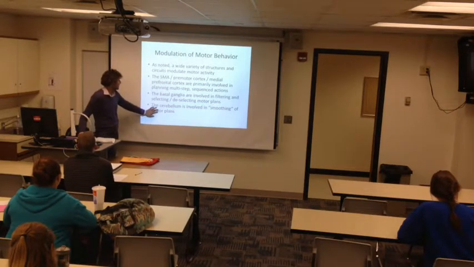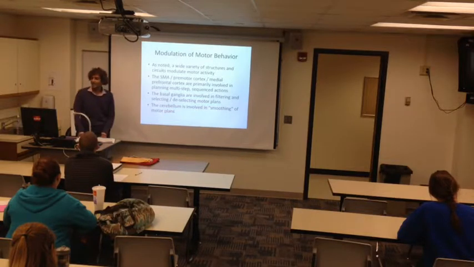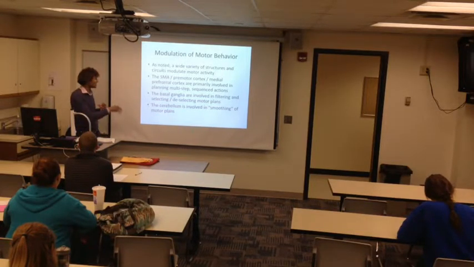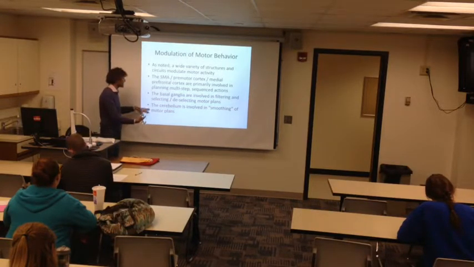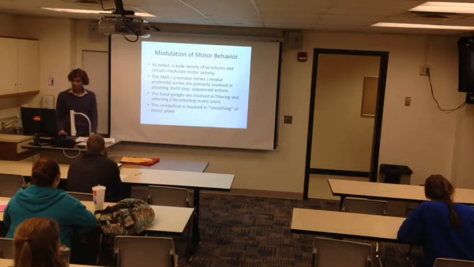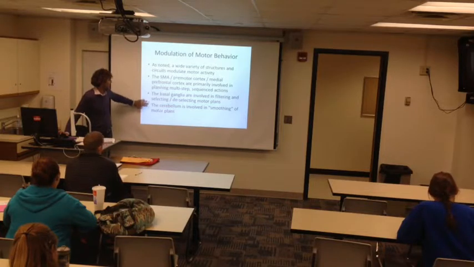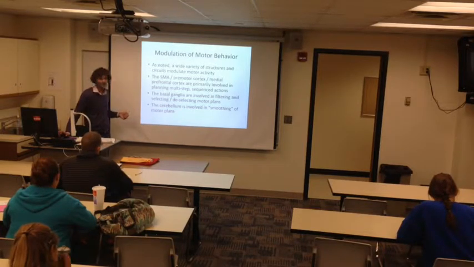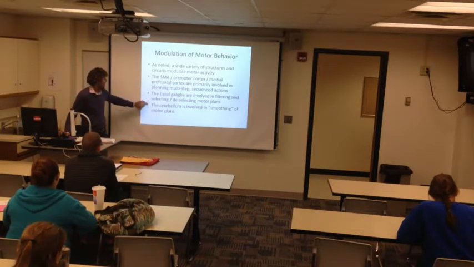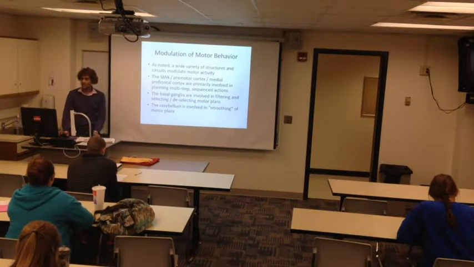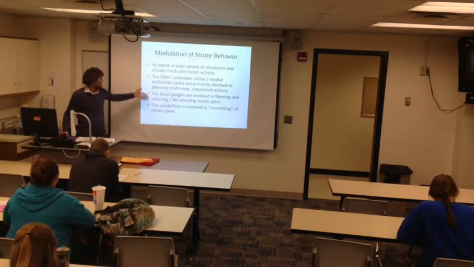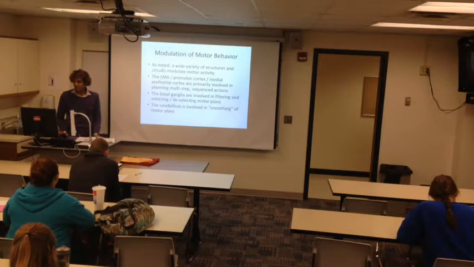And then in the cerebellum, you're smoothing your motor plan, and so you're not doing those steps in isolation. You're stitching them together into actual dancing instead of just individual moves that are done in isolation, right? And so just in the context of dancing, it doesn't have to be the electric slide, it could be ballet. You're using each of these three areas to refine that behavior so it looks like a dance and not just a simple motion of the body.